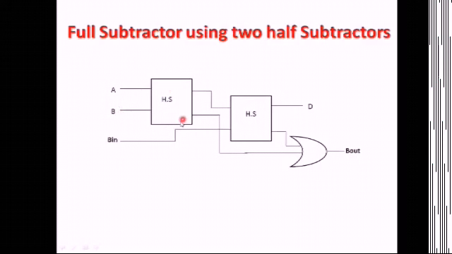So here we are using two half subtractors. This is one half subtractor and another half subtractor, and there we are using an OR gate. So we can design or implement a full subtractor using two half subtractors and one OR gate. So let us see how to implement it.